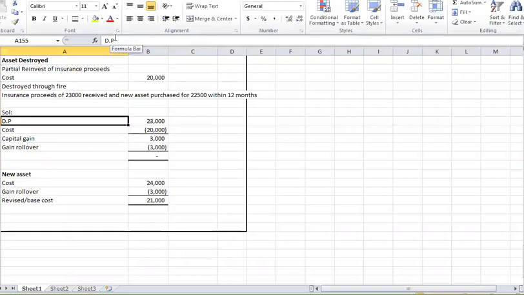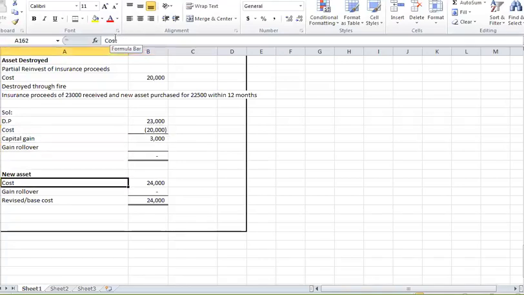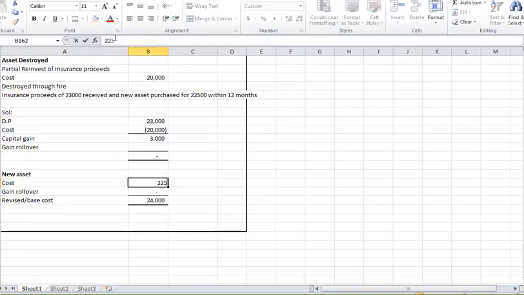So how to solve this example? Students, in this example, insurance proceeds will become our selling price. We have received 23,000 pounds. Cost of this asset is 20,000 pounds. We have a capital gain of 3,000 pounds, and we have purchased the new asset for 22,500 pounds.